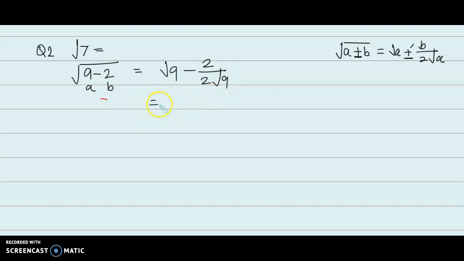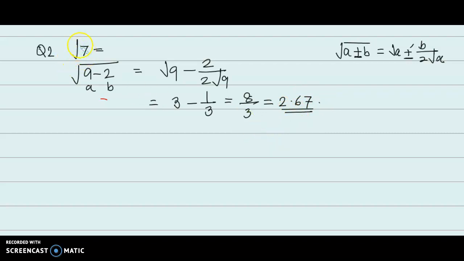So that gives you root 9 is 3, minus 2 by 2 root 9, and 2 gets cancelled, and root 9 is 3, so 3 minus 1 by 3, which is 3 times 3 is 9 minus 1, 8 by 3, which is 2.67, and that is the answer.